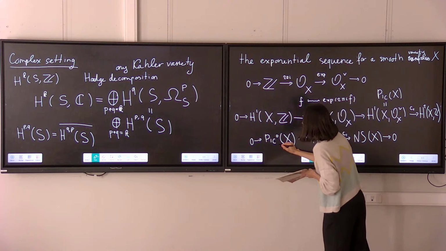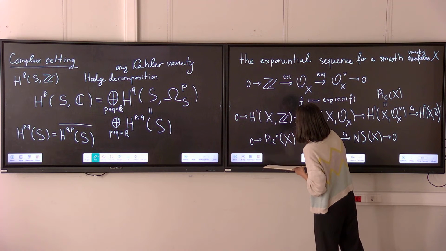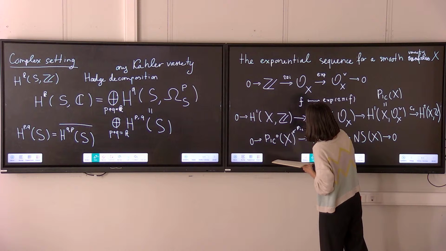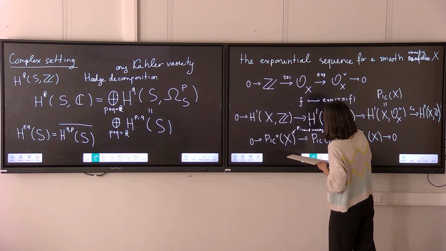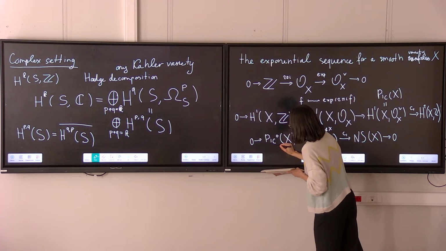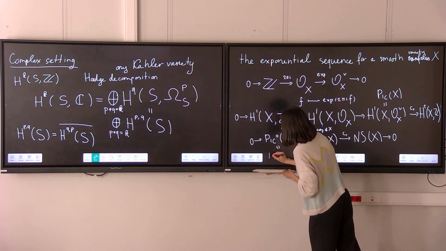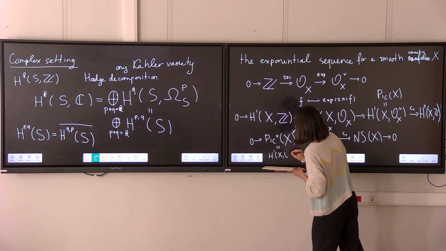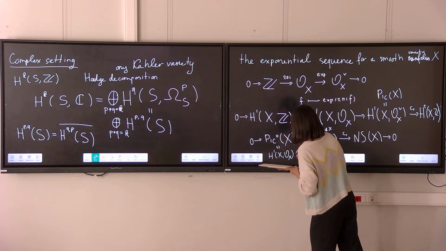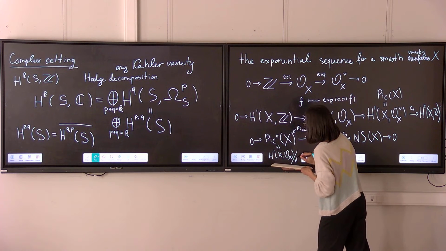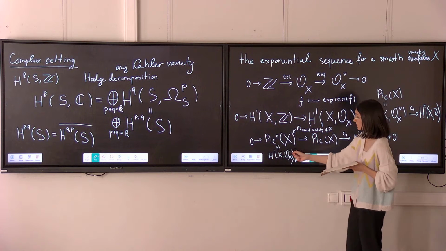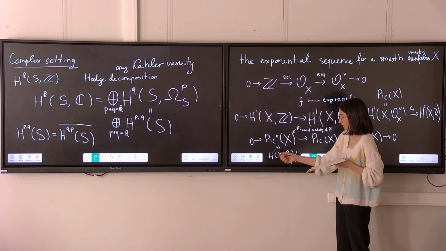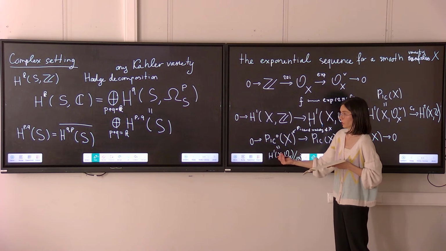Okay, what is this? This is the so-called Picard variety of X. And what is this? We take H^1(X,O) modulo H^1(X,Z). So this is a torus, and in fact, in the complex setting, this torus is always algebraic.